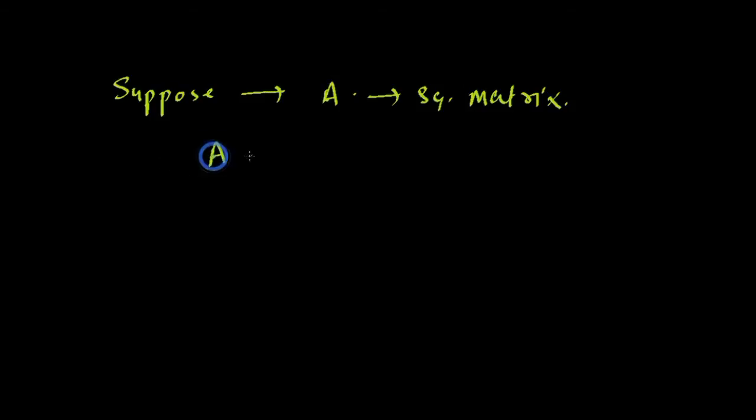Suppose we have a matrix A and it's a square matrix. Then the determinant of A minus lambda I will give a polynomial.